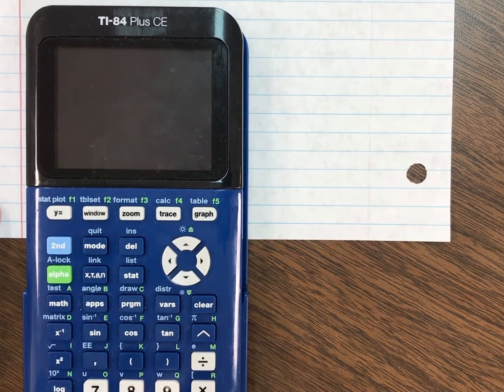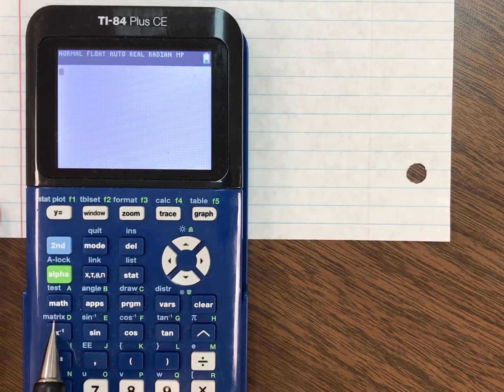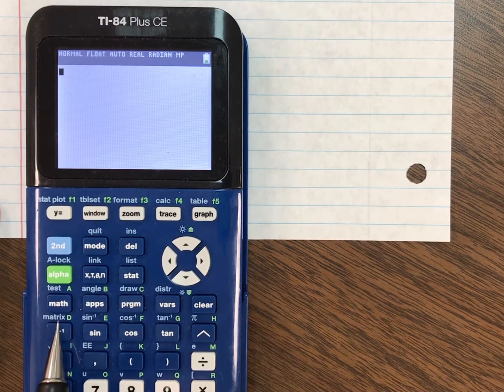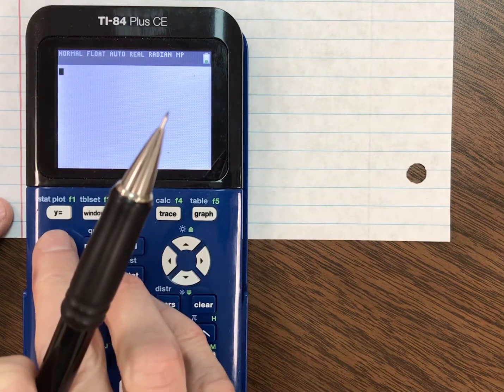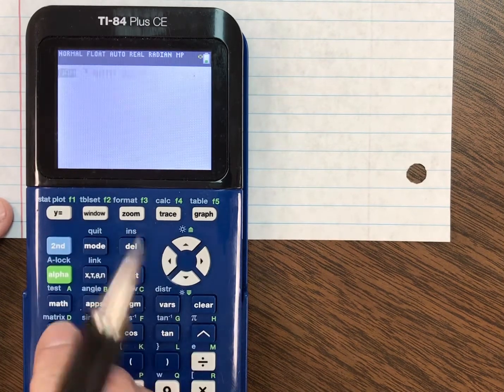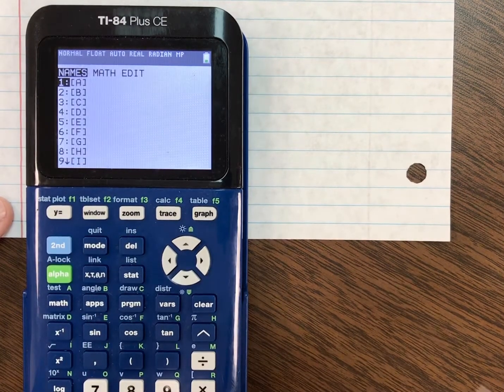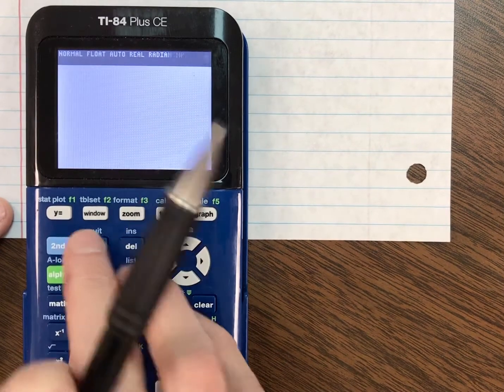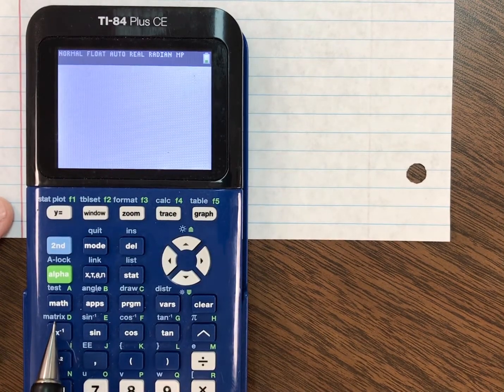We're going to make use of the menu under the matrix function. So I'm going to go to second matrix, and I can do some things with matrices. That's one place we're going to go, this blue function of matrix here.